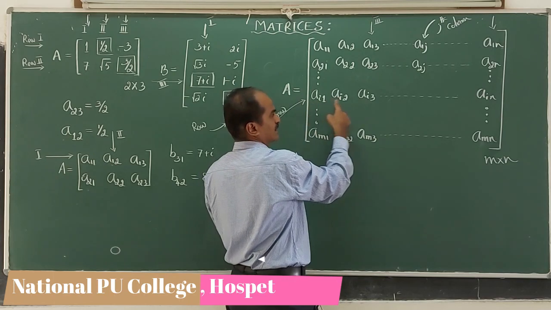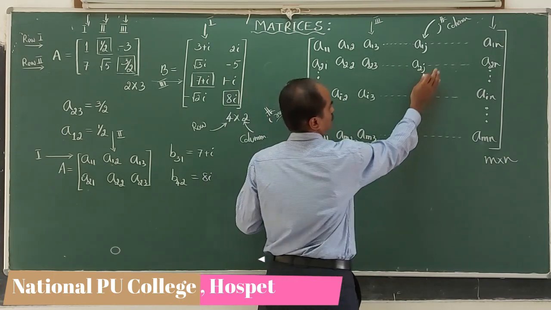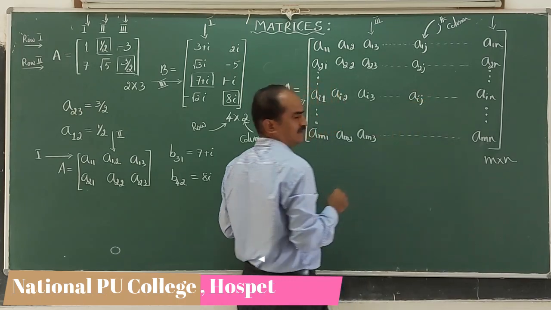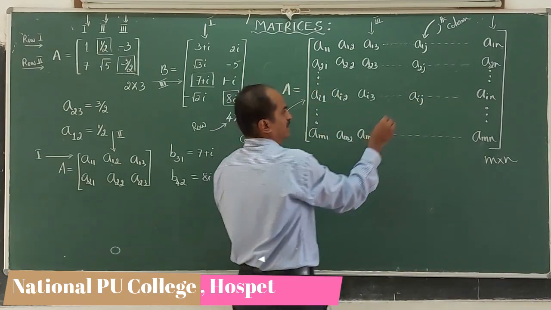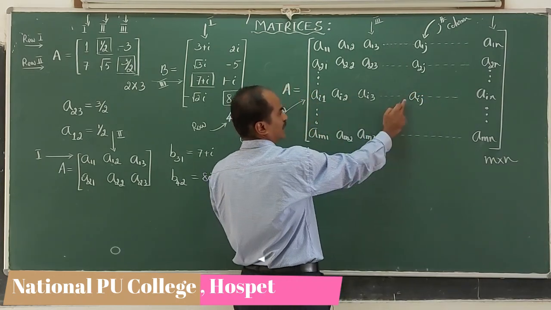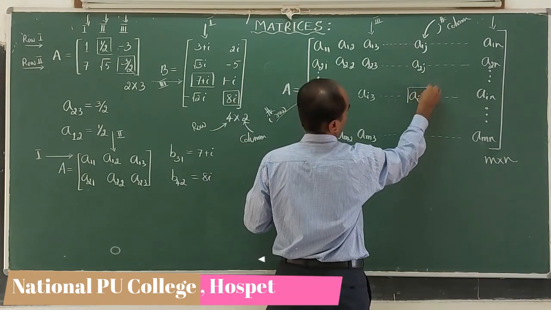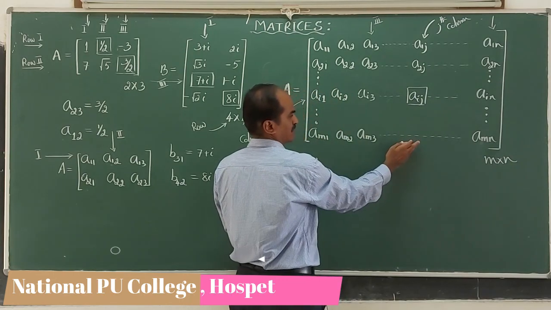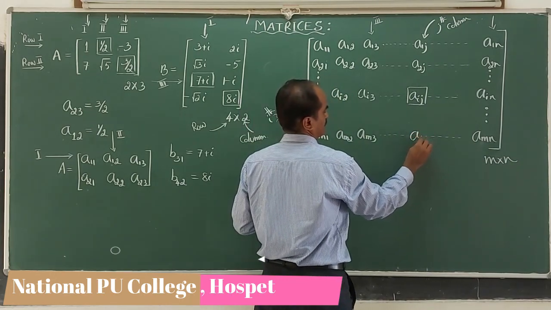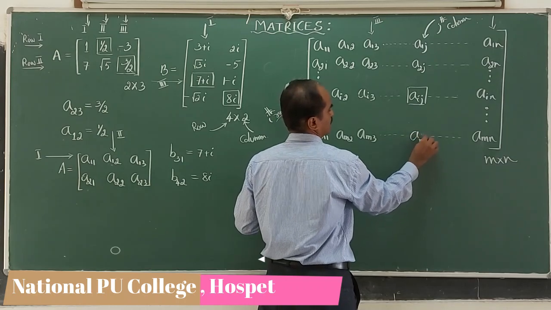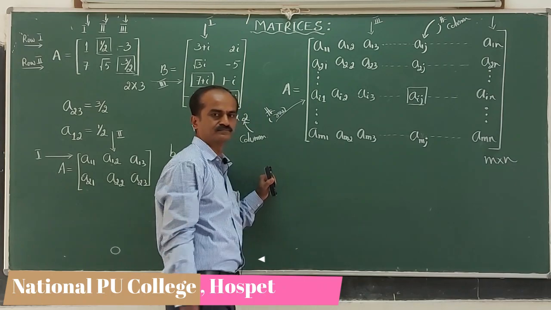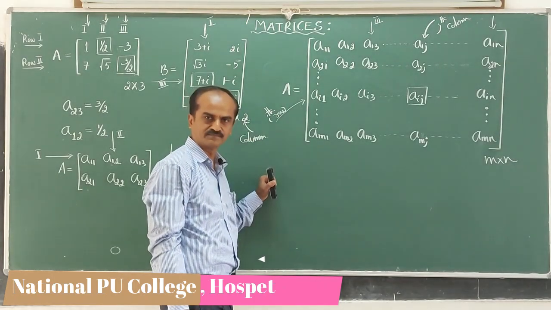What about here? It is the ith row, so therefore its first suffix is i, second suffix is j. Aij denotes element of the matrix present in ith row and jth column. And what about here in the last row? This element will be Amj, present in mth row and jth column. I hope you followed.